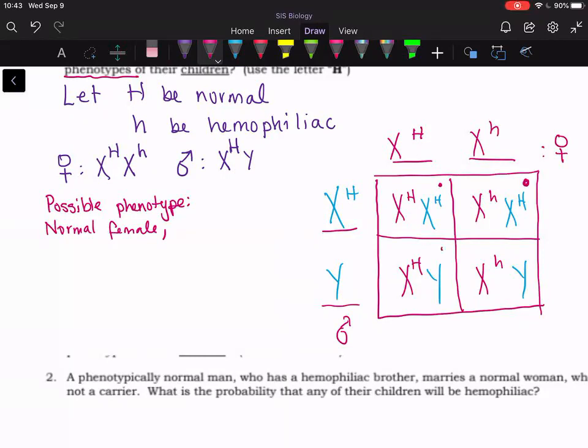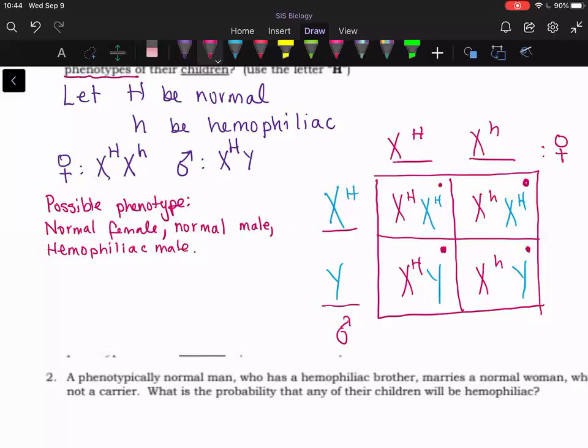Let's look at this genotype. It's a male, and he's normal. So we have normal male. And then our last one is going to be a hemophiliac male.